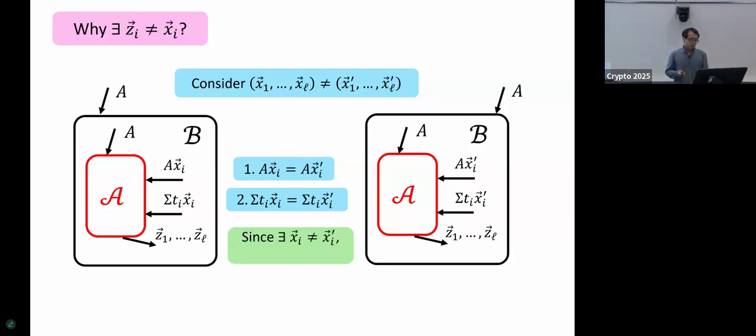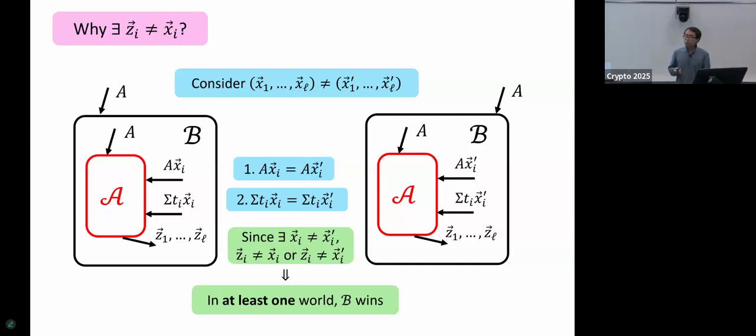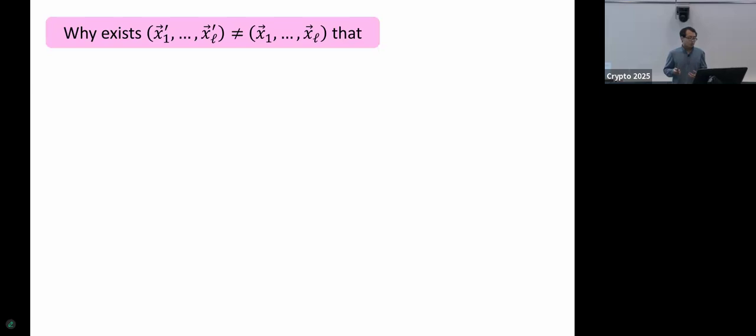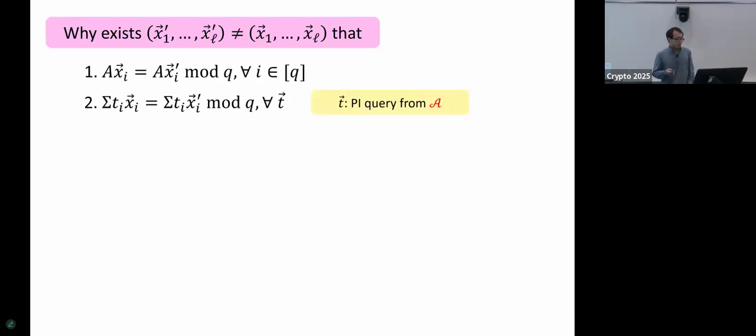Since there exists an x_i that is not equal to x_i prime, we know either z_i is not equal to x_i or z_i is not equal to x_i prime. This means that in at least one of the worlds, B wins. So the question boils down to how we can find an x_i prime such that two conditions hold.